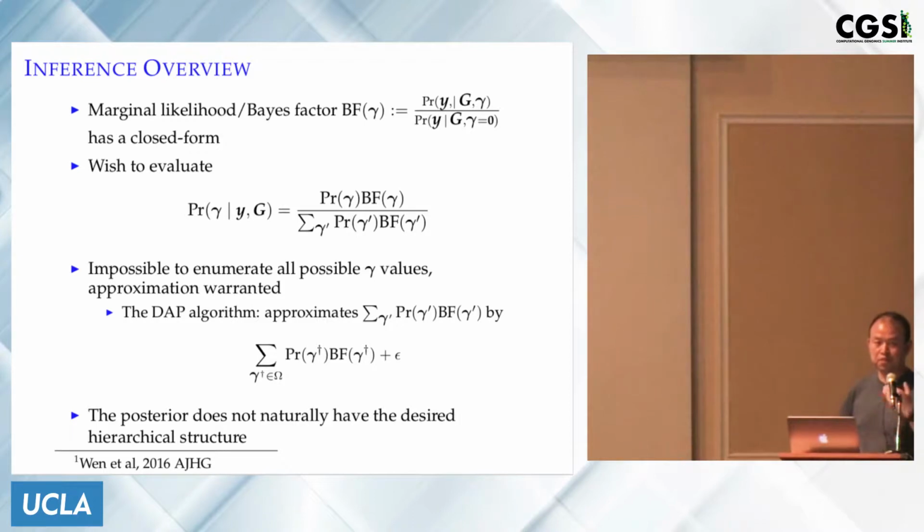If there is a fundamental way to construct a subspace with high posterior probability models, you are better off just approximating this term with it, and then you can estimate the probability mass you ignored. That's really the simple idea of the DAP model.